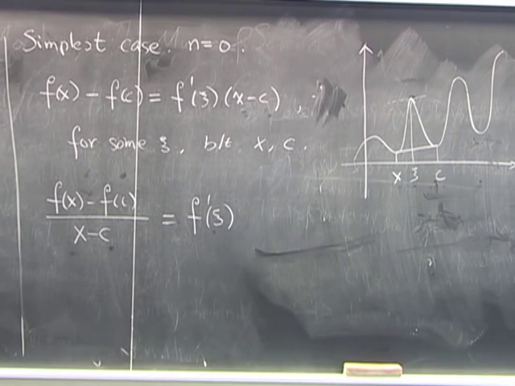So it has a name, this property. Anybody? It has a dramatic name. Not the intermediate value theorem, something, the mean value theorem. Is that right?